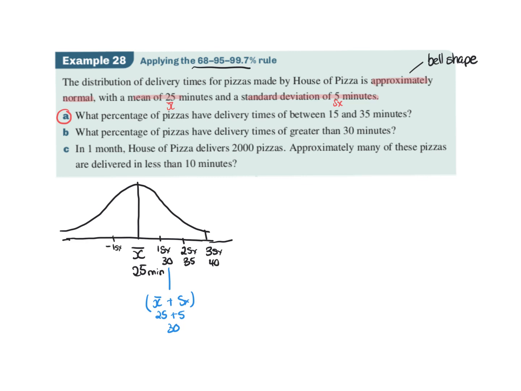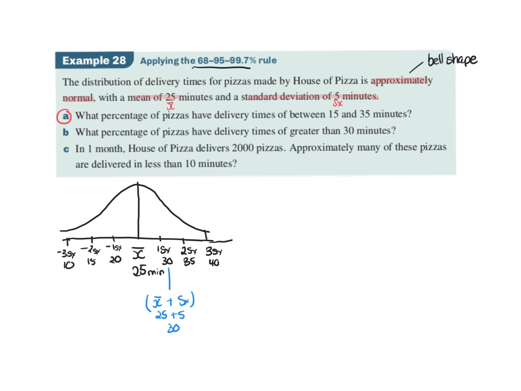If I minus 1 standard deviation, I'd be at 20 because I'd minus 5. If I minus 2, I'd be at 15, and if I minus 3, I would be at the value of 10. You'll see that most of your questions are always going to be connected with these numbers of plus or minus 1, 2, or 3 standard deviations.